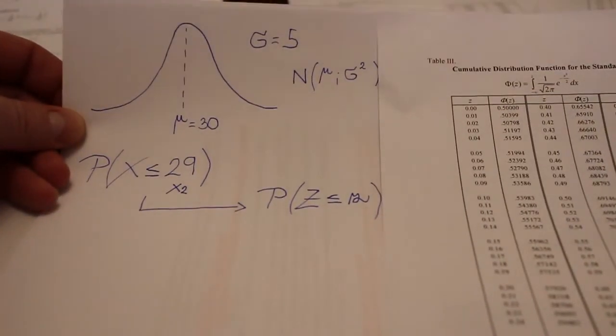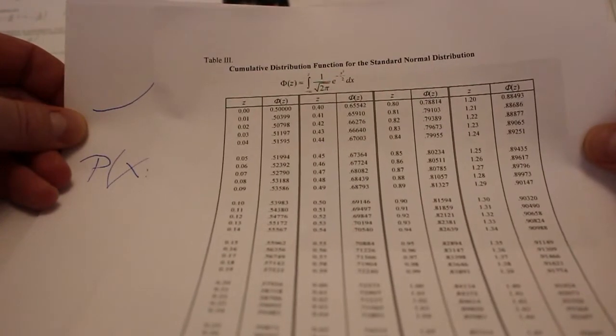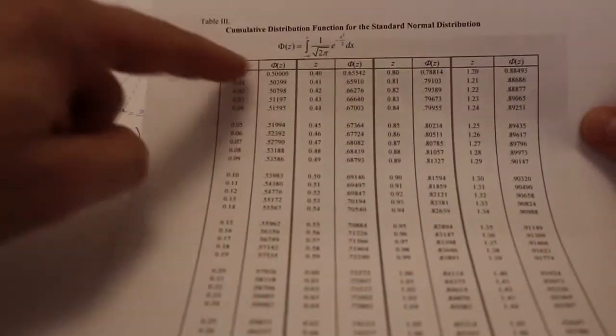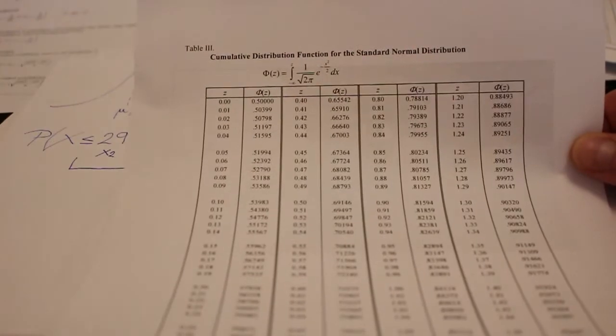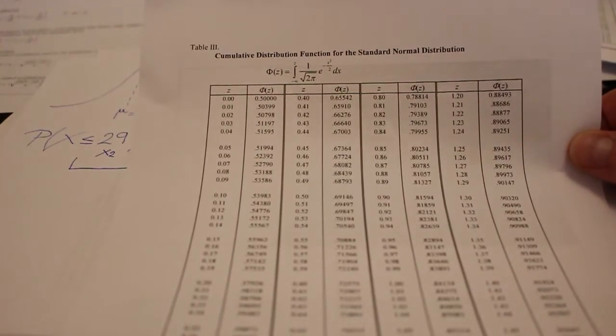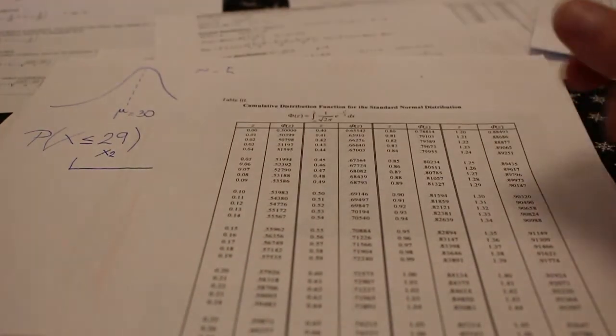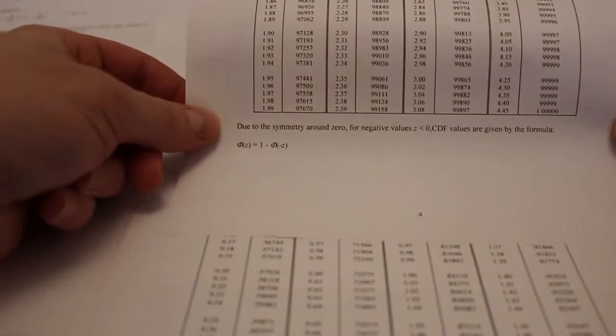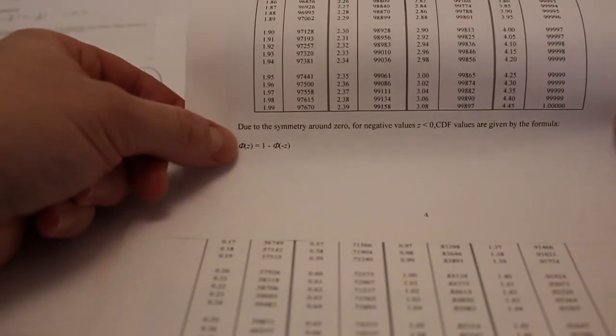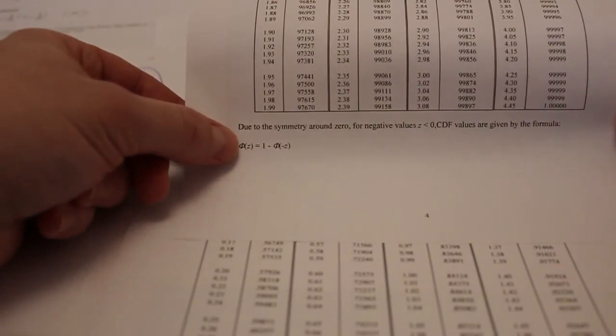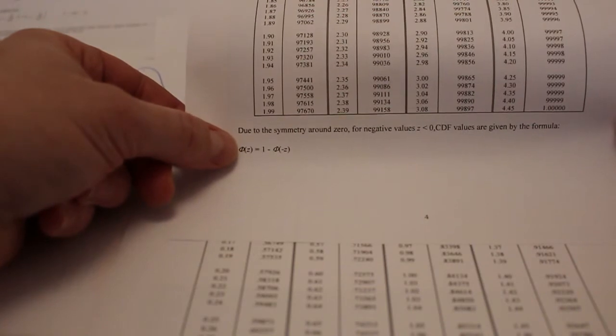This normal distribution and standard normal distribution is a symmetric distribution. Standard normal distribution is symmetric around 0. So we have calculated here only positive, non-negative values. So we will use this formula due to the symmetry around 0.